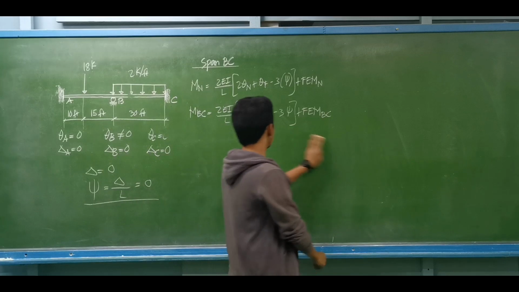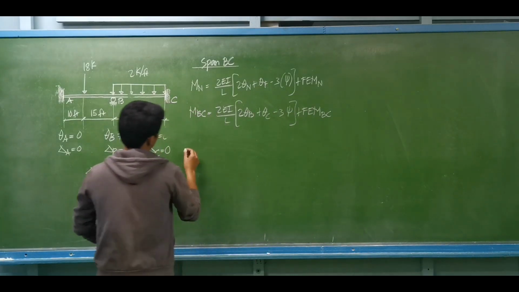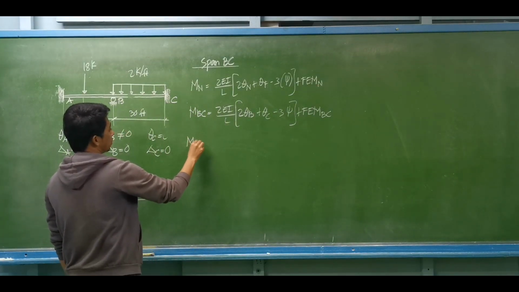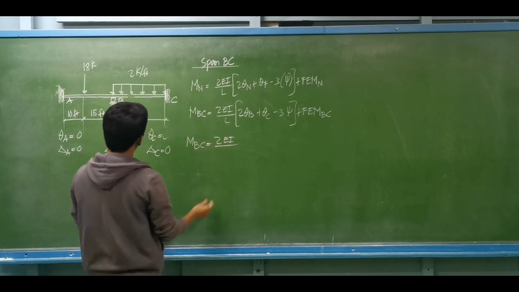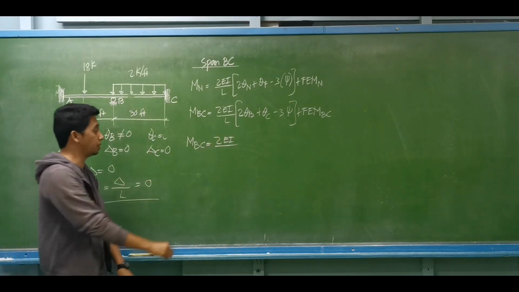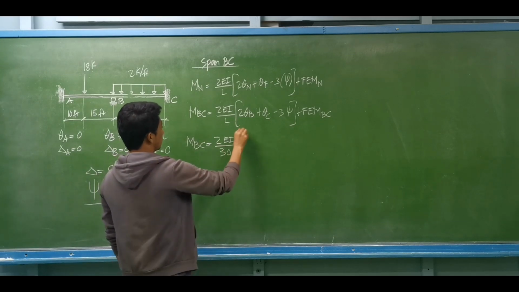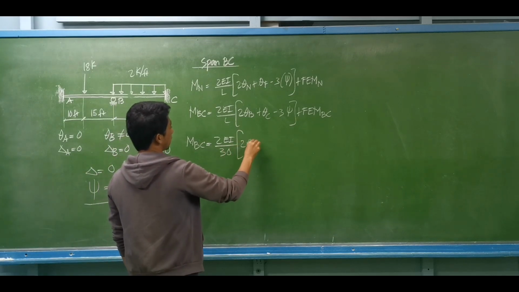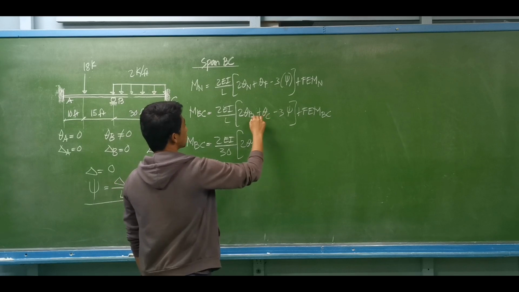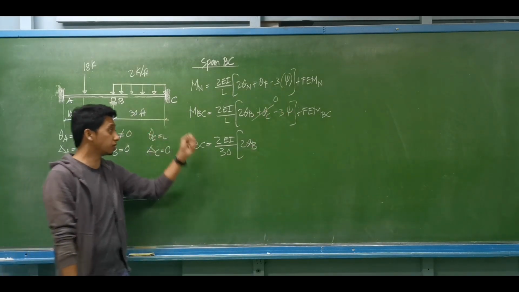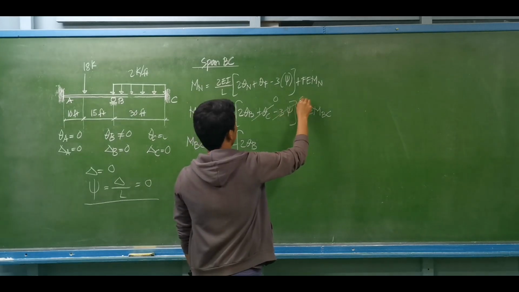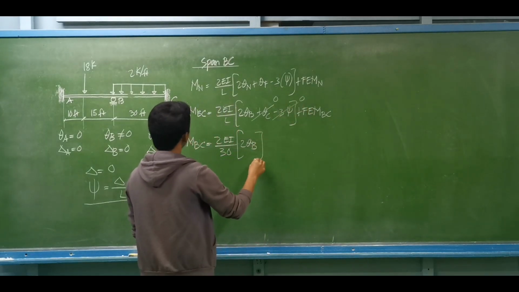Now we substitute. We have the moment for span BC is equal to twice of EI divided by the length of span BC, we have 30 feet. This is multiplied by twice of theta sub B, plus we have theta C is 0. So 0 rotation for a fixed support. Then we don't have a chord rotation, that is also 0.